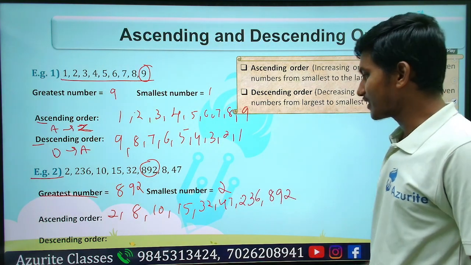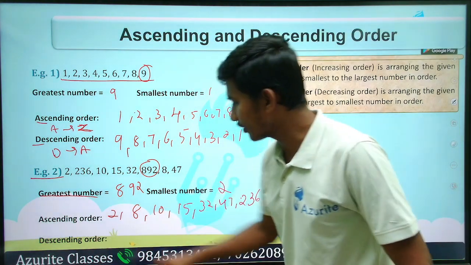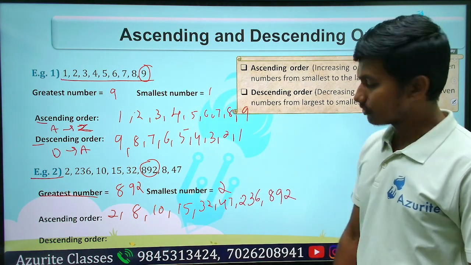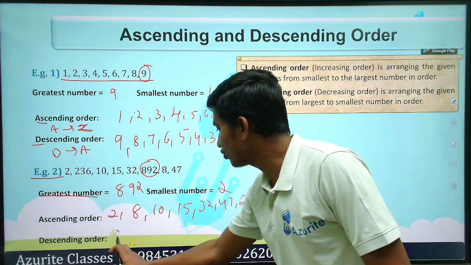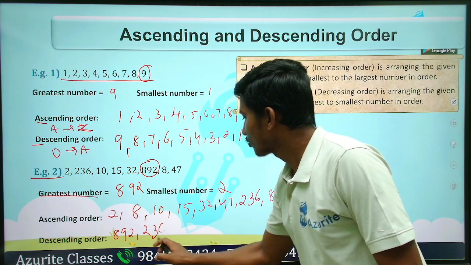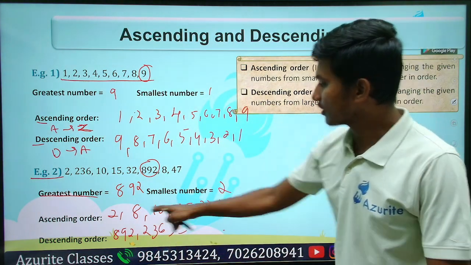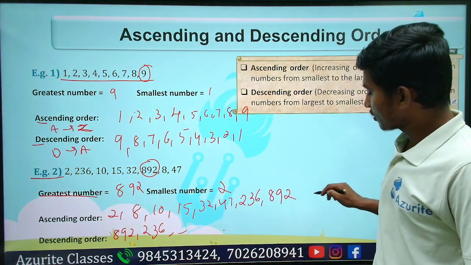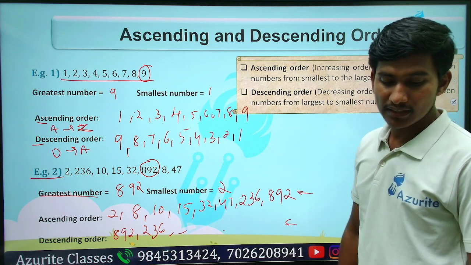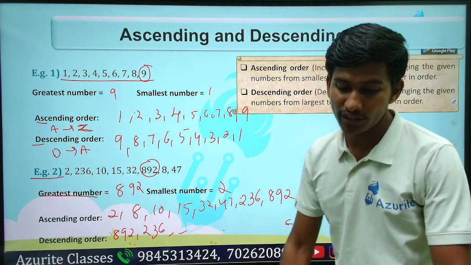Okay, so this will be the ascending, increasing order. Decreasing order, that is big to small, we just have to write in reverse. So that is 892 and then 236. Will everyone write this in reverse order? Yes, we have to write it in the reverse order, that is the descending order.